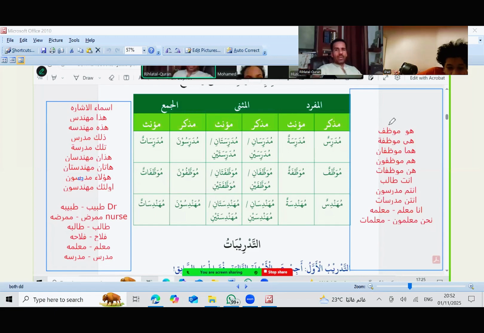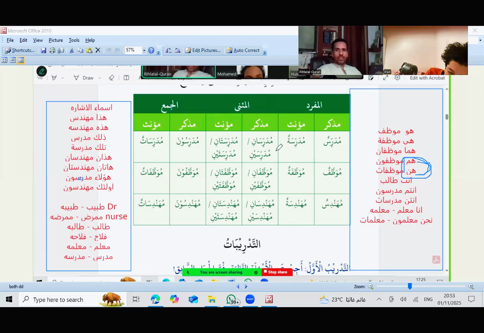Okay. What about the personal pronouns? This time we need to use it with معلم. You know what I mean, معلم? Teacher. Let's use it with all personal pronouns: هو, هي, هما, هم, and هن. هو معلم. Excellent. هي معلمة. What about the dual? هما معلمان. Excellent. And هما معلمتان. What about the plural? هم معلمون. Right.